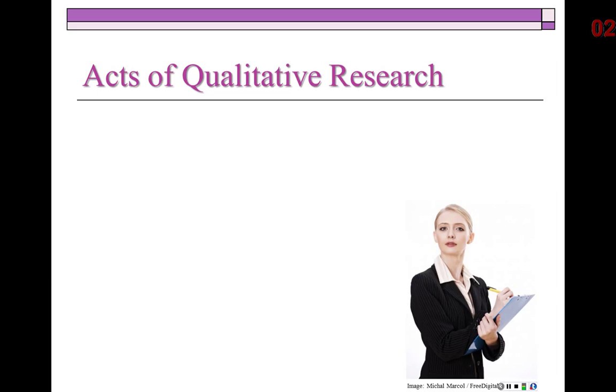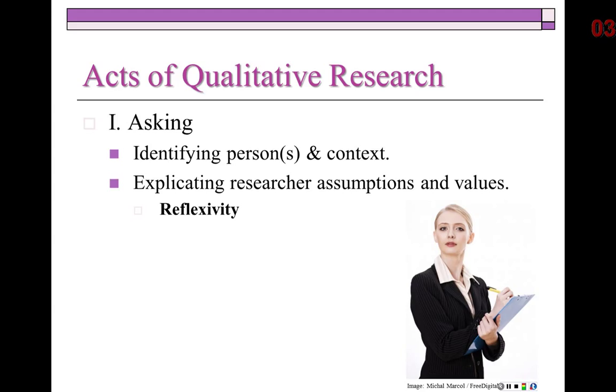So, Eric Mankowski and one of his colleagues, I'm forgetting her name, did this. It's not a study. It's a theoretical piece outlining the various acts of qualitative research. And Act 1 is the act of asking, right? And so within this act, what you're essentially doing as a researcher is you're trying to identify the persons and the contexts in which you are going to work.